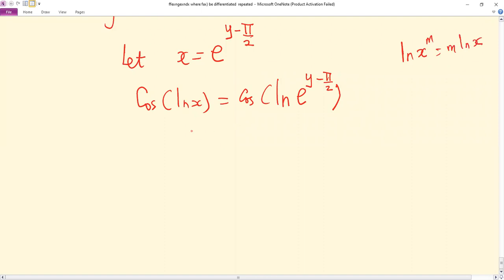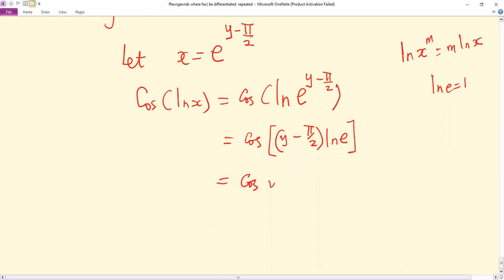So this is the same as cos of y minus pi over 2 ln of e. And you see ln of e is 1. So this is the same as just cos of y minus pi over 2.